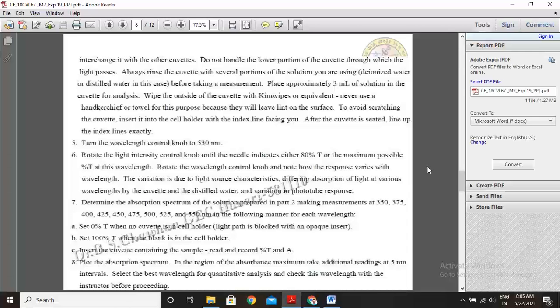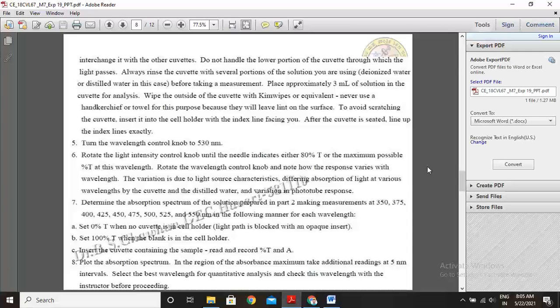Determine the absorbance spectrum of the solution prepared in part 2, making measurements at 350, 375, 400, 425, 450, 475, 500, 525 and 550 nanometer in the following manner for each wavelength.